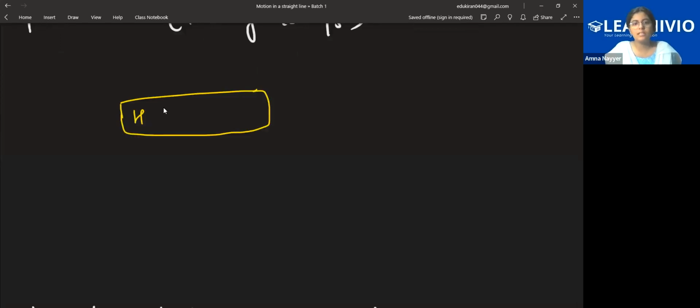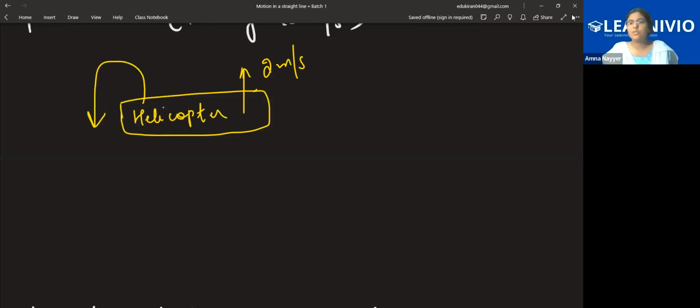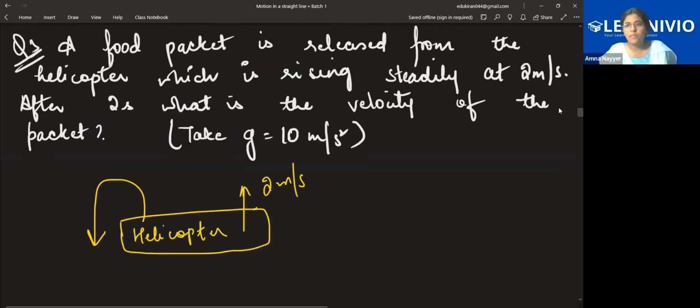See, there is a helicopter which is present, and this is rising with 2 meters per second velocity. And now a food packet is being thrown out. So what is happening when the food packet is being thrown? Look, when the food packet is just thrown, suppose the helicopter is moving, and then the food packet is thrown down.